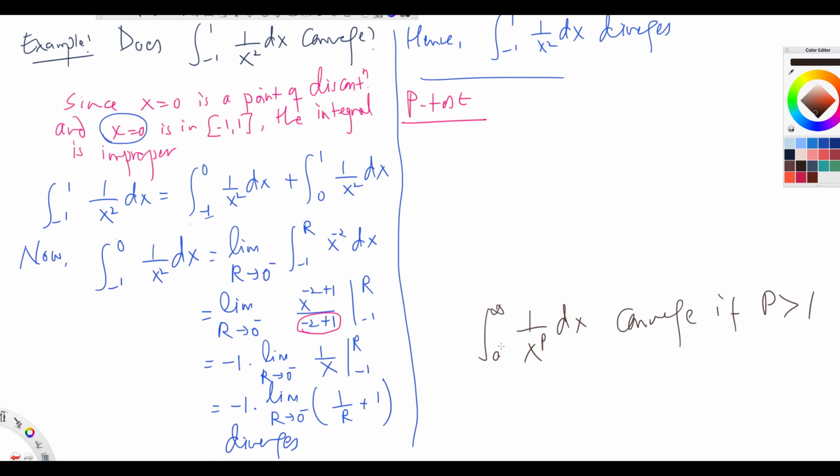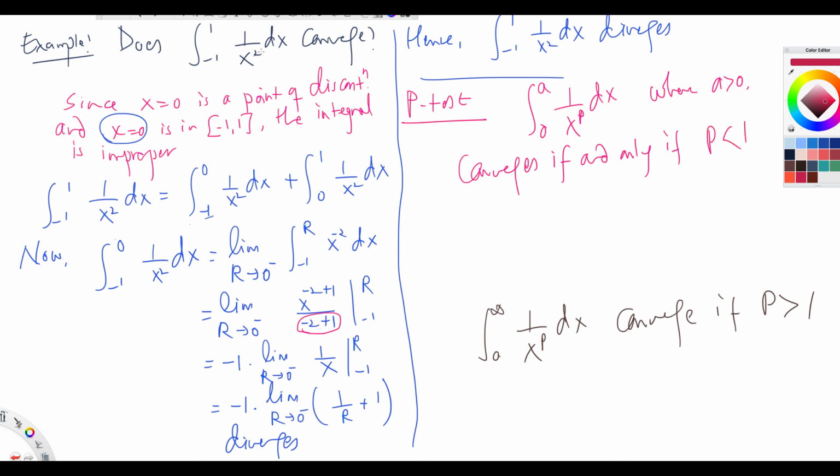But there is a formula for 0 to a also. Even though it is not infinity, if there is 0 to a and then 1 over x to the p dx, where a is positive, in this case also this integral converges if and only if p is less than 1.